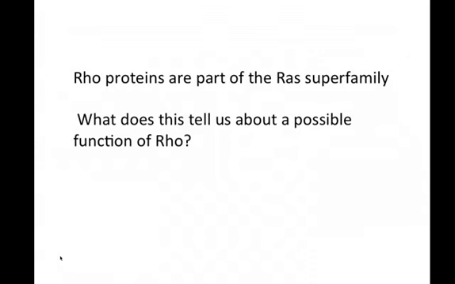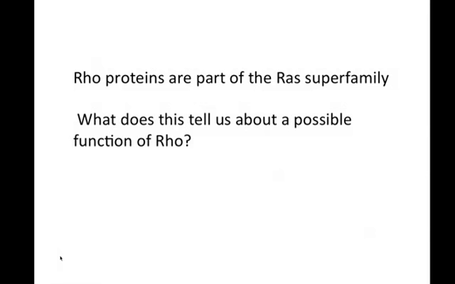Okay, so I just introduced Rho proteins, and now I'm going to tell you they're part of the RAS superfamily. So what does that mean? What can you tell me about Rho, based on the fact that I told you they're part of the RAS superfamily? It's a molecular switch. What else? It responds to external signals.